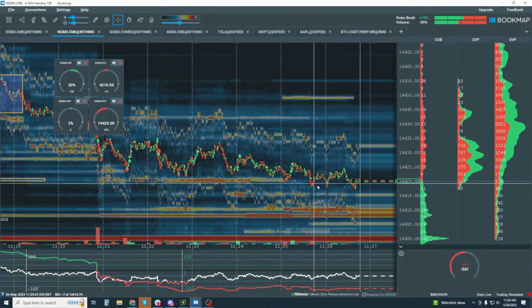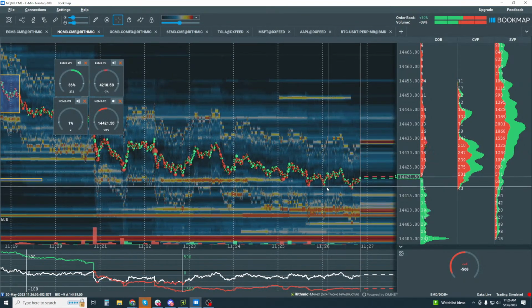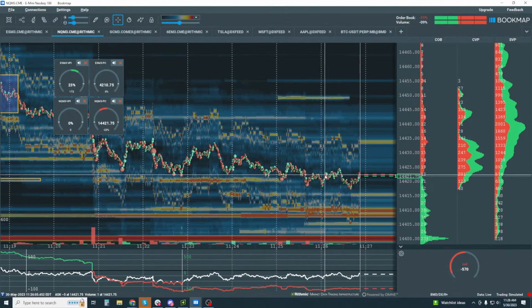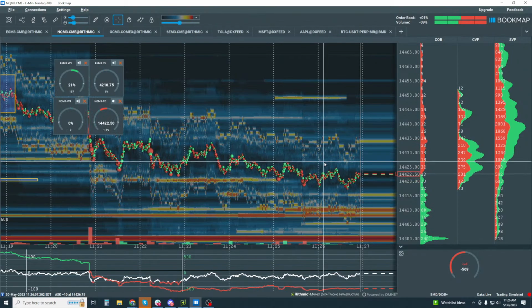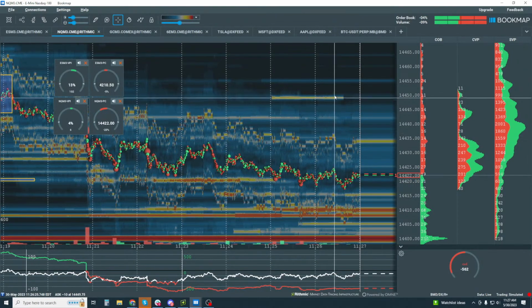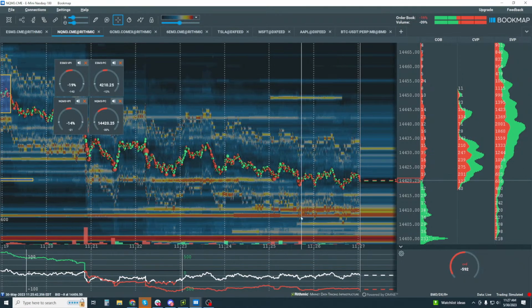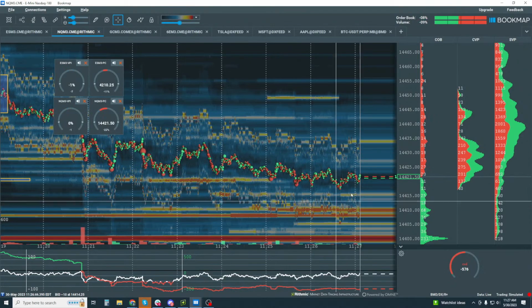But this is the initial part of it. Sellers retest, very little selling here, buyers up here, looking pretty good for coming up. If we can get more buyers up here, that's where we can get a reversal of the trend. This is how it starts.